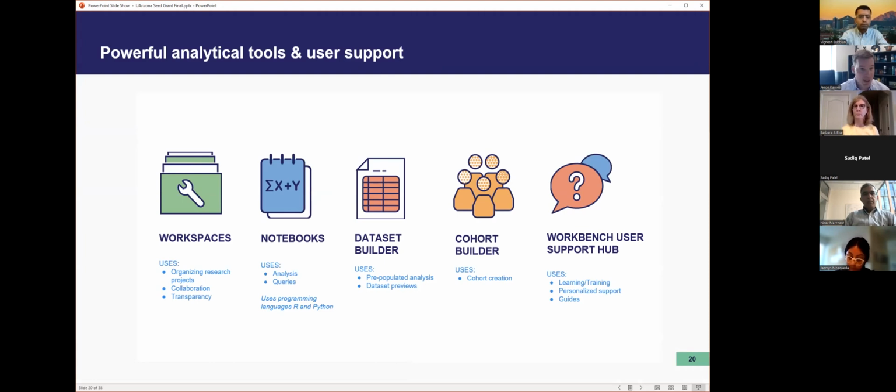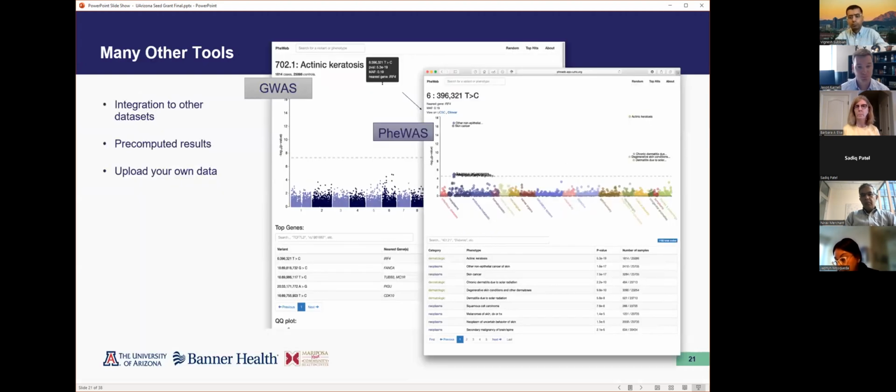Now, the actual analytical piece will need some R and Python programming expertise. And so the cohort builder will only get you so far. And that's one of the reasons that we've agreed to provide some expertise in terms of the health informatics side, in addition to the 50,000 for these seed grants. We recognize that that is likely going to be a rate limiting step in access and utilization of the All of Us data. Next slide.